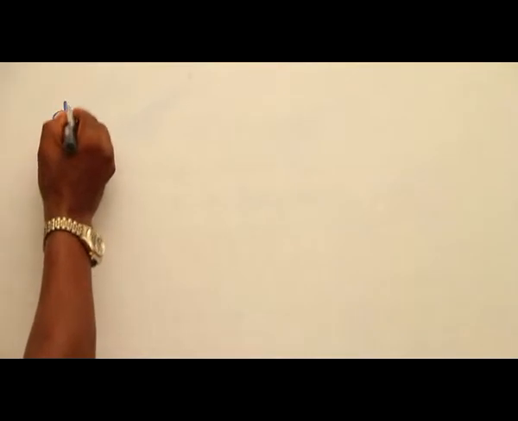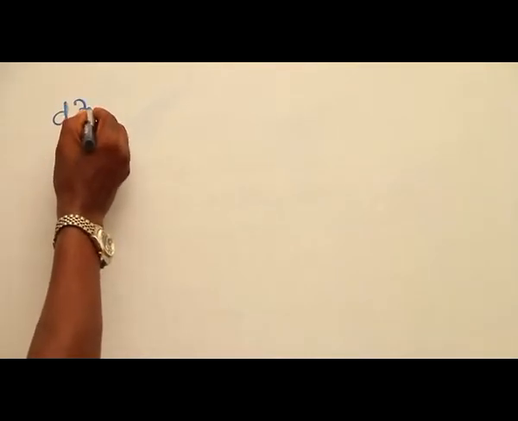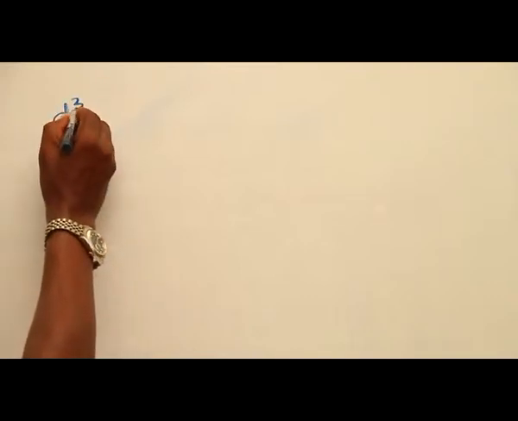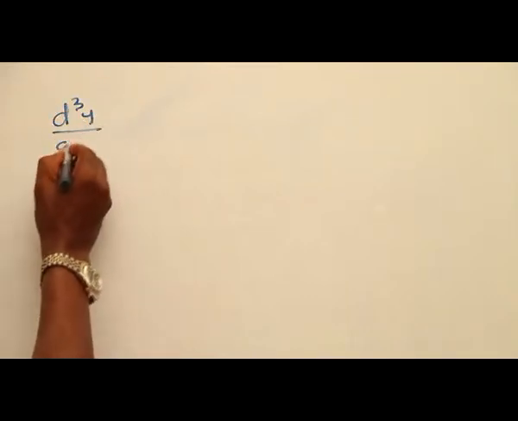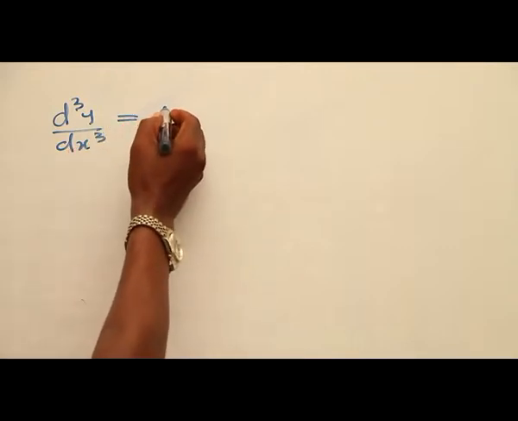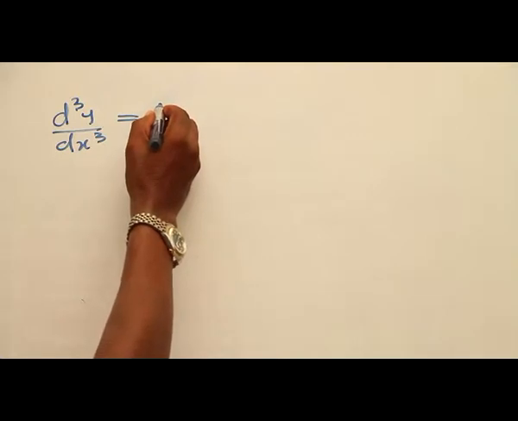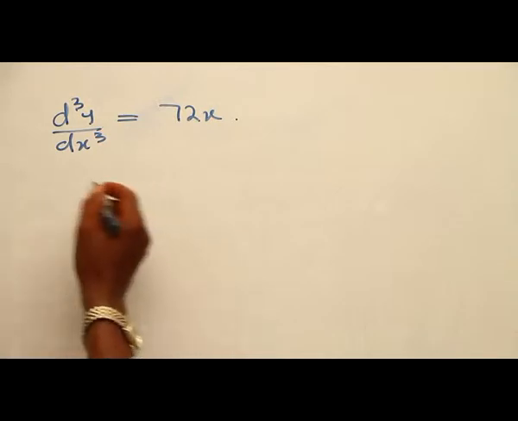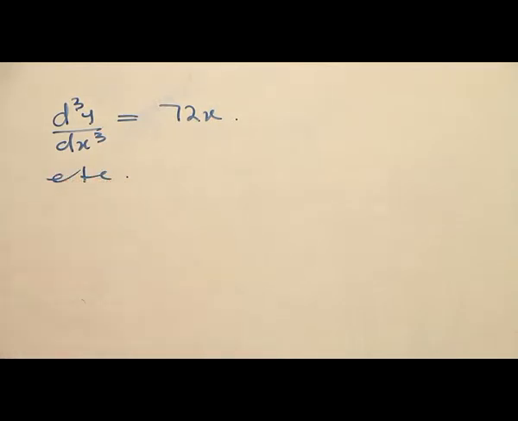Then we can also be told to find this d cubed y over ds cubed, which is equal to, we had 36, which is 72s. And then you can go further and go on like that until there can be no more derivative of a function, or where the derivative becomes 0.